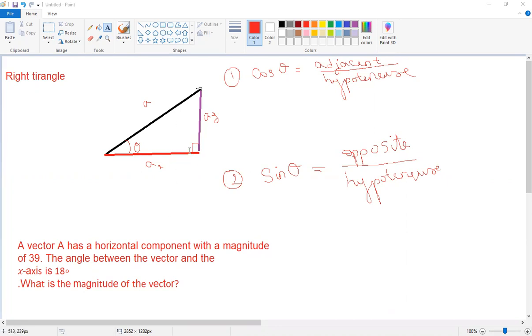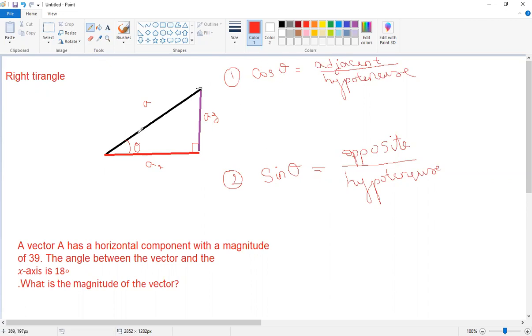Of course, you must know that this is a right triangle. These two rules are used in a right triangle. This is the A vector that we spoke about, this is the ax vector, and this is the ay.